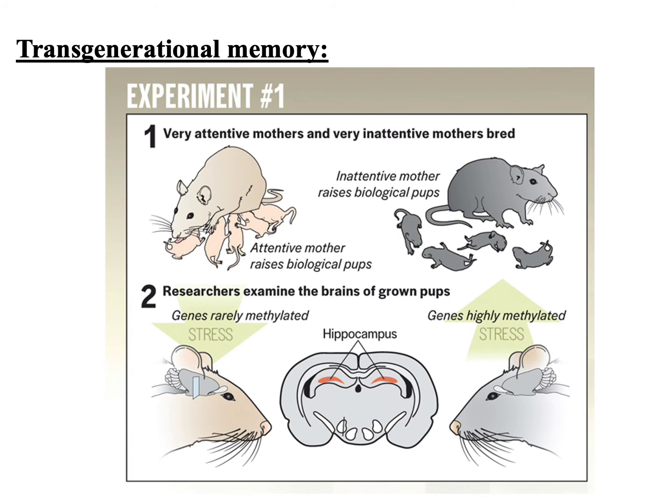In comparison, the pups that were raised by inattentive mothers demonstrated a clear difference in the methylation pattern of their DNA in response to, again, the environmental stress of growing up in an unattentive environment with an unattentive mother.